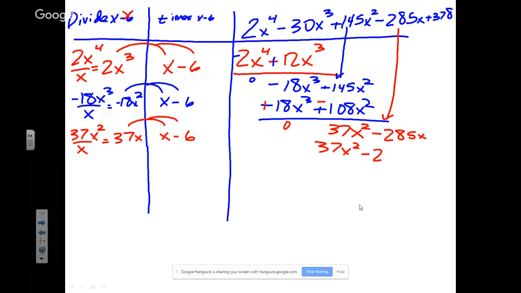Negative 222. Switch signs. Get 0. 63, negative. Is that right? Can someone confirm that for me? That was 63?